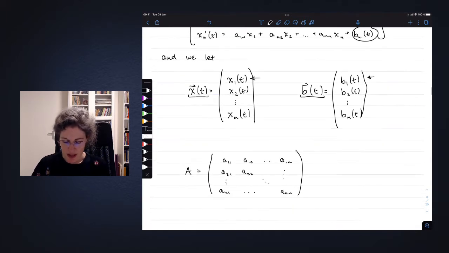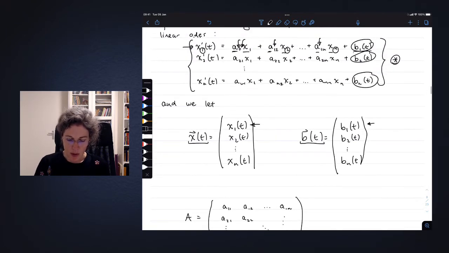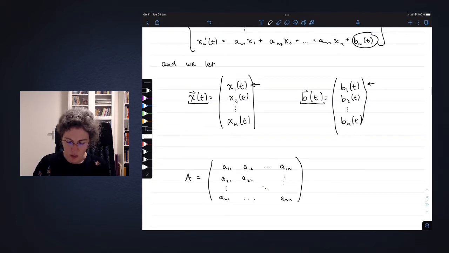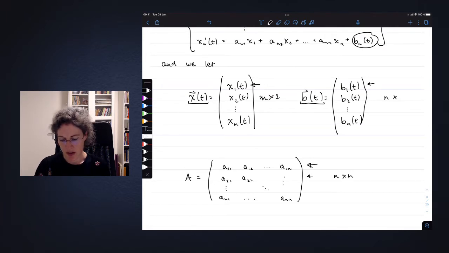And then finally, I'm going to let A be the matrix that I construct by pulling out all of these coefficients in order. So those are the coefficients from my first equation, coefficients from my second equation, and so on. So this is an n by n. Our x of t is an n by 1, and our b is an n by 1.